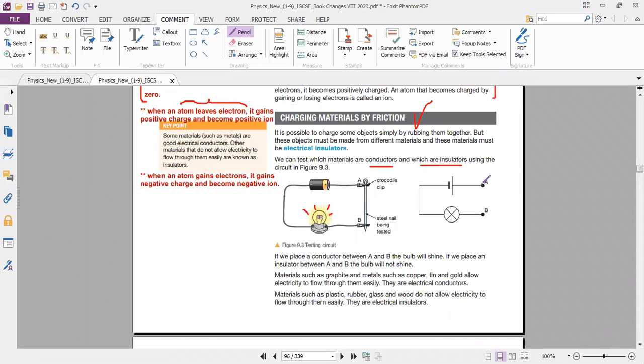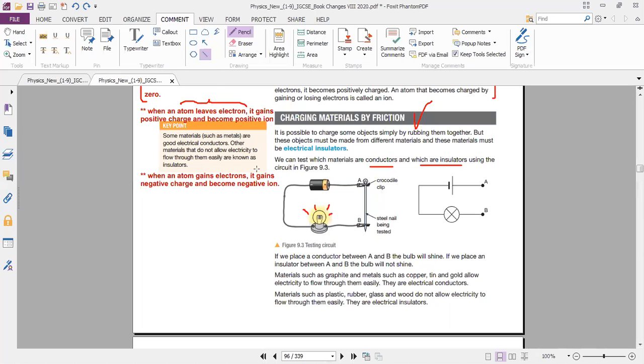And if you place here an insulator, for example, a rubber or a piece of plastic, the bulb will not light up, indicating that this is an insulator. So this is a very simple experiment to test. We can also do this experiment in our laboratory to test whether any substance is an insulator or conductor.